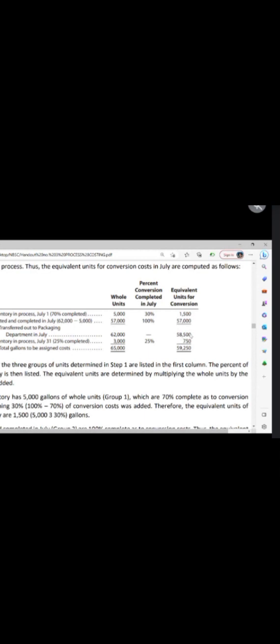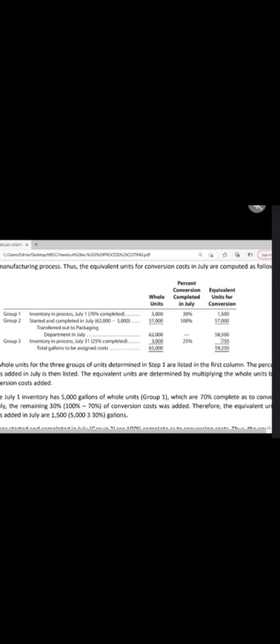750. So 1,500 plus 57,000 ang transferred out ha, ang total transferred out nga EU for conversion, equivalent units for conversion would be 58,500. Katong mga nakompleto na human. Now, the ending inventory is 750.